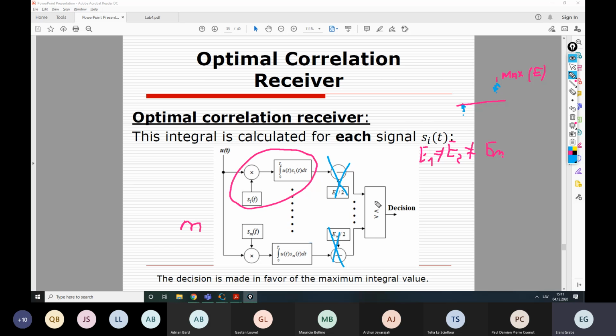And the decision is made by selecting the highest value of all these M values. So we find the maximum one, and the one where that maximum has been observed is assumed to be the signal that has been received, matching accordingly either 1 or 0 or some code word like 10 and so on. That's the idea.